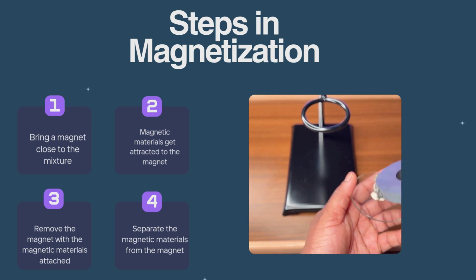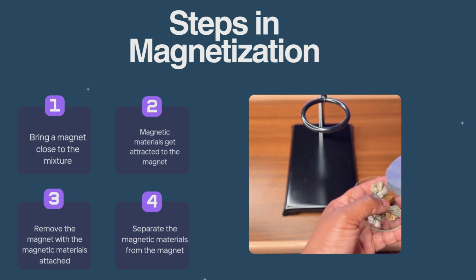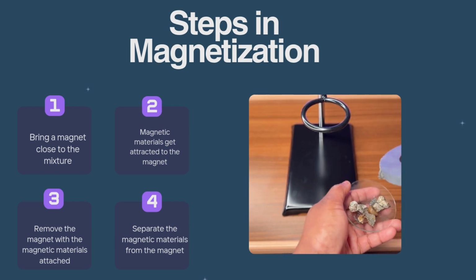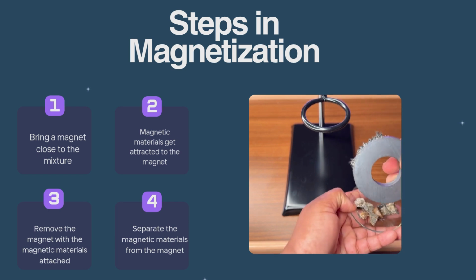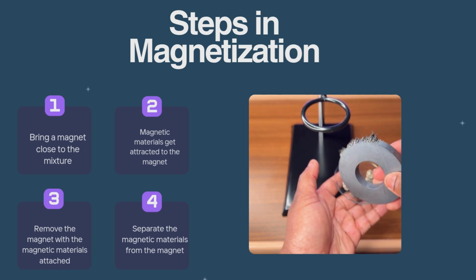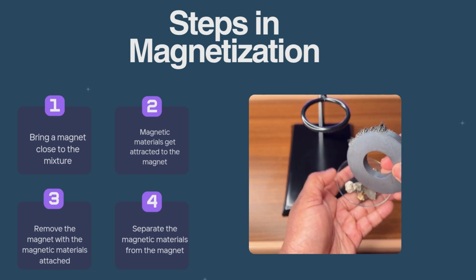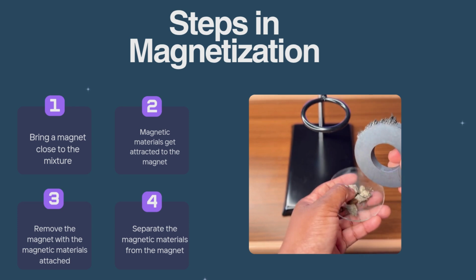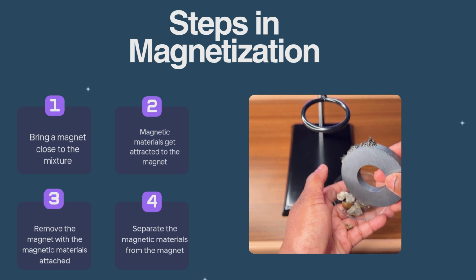Now I have separated that mixture, because my iron filings are attracted to the magnet, leaving the stone behind, because the stone is not magnetic. So you can see the iron filings flying to meet the magnet, while the pebbles are left on the glass.